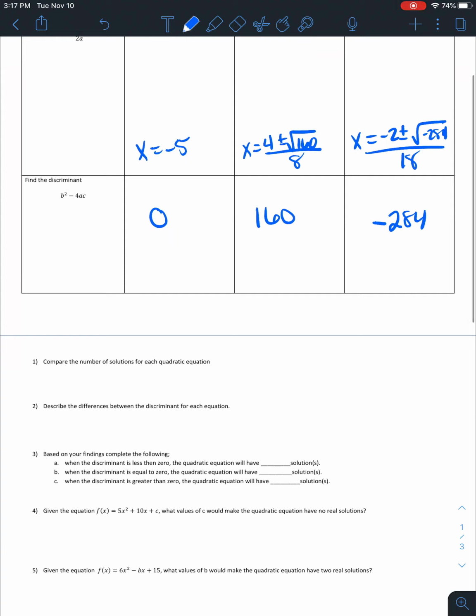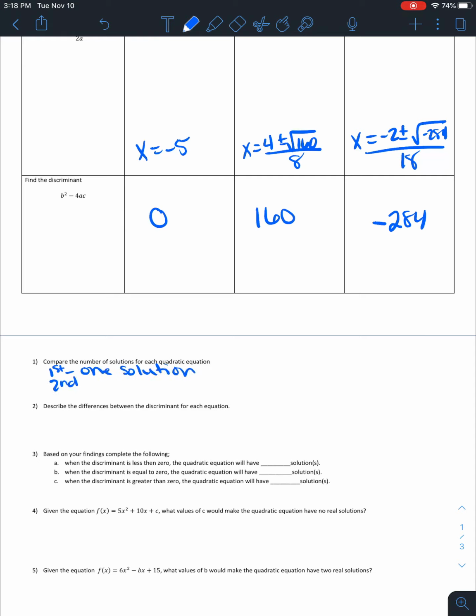All right, so down here on the questions, it says compare the number of solutions for each quadratic equation. Well, in the first one, we just got x equals -5. So that was just one solution.